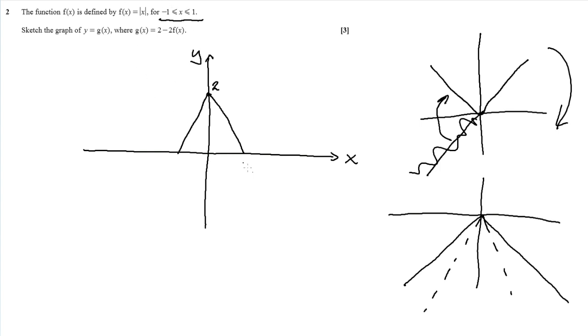And label this should be plus 1, and this should be minus 1 as intercepts. And so that is question 2.